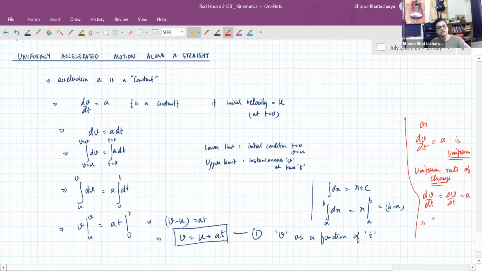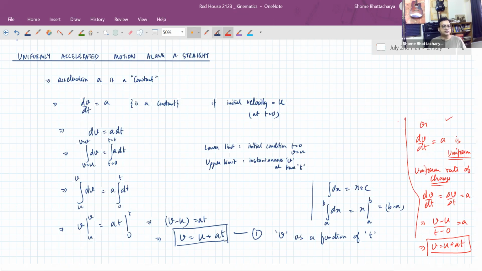So we can say that V minus U upon T minus 0 is equal to A. So from that, we can alternately define it this way also. Because it's a very simple case. The rate of change is uniform. So we need not have done the integration also. We could have just justified V equal to U plus AT equation by using this.